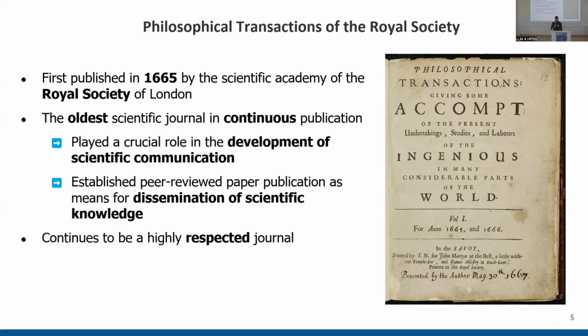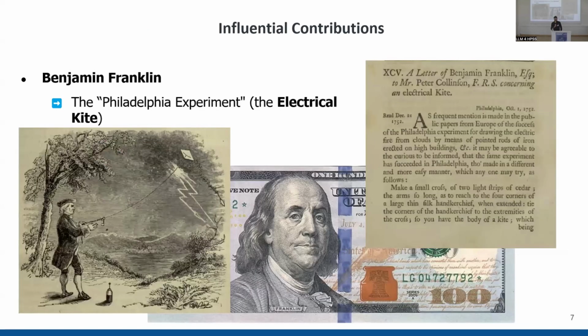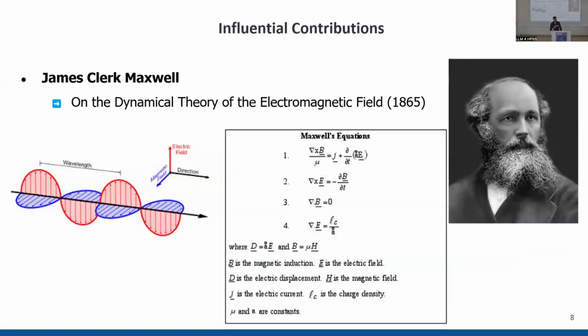Some of the influential contributions in the corpus are, for example, in the 17th century, the new theory about light and colors by Newton. In the 18th century, the electrical kite experiment from Benjamin Franklin. And in the 19th century, the description of electromagnetic fields by Maxwell.